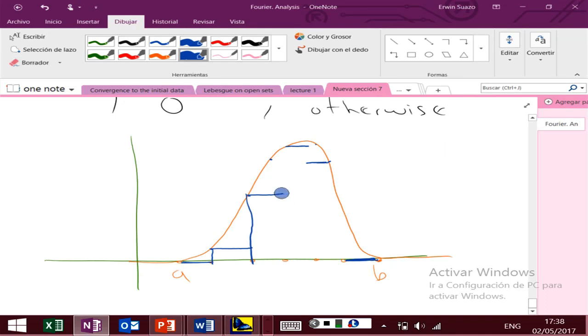My eraser is kind of broken. It's going to be like this, supposedly something like that, right? And then let's say it's like that.